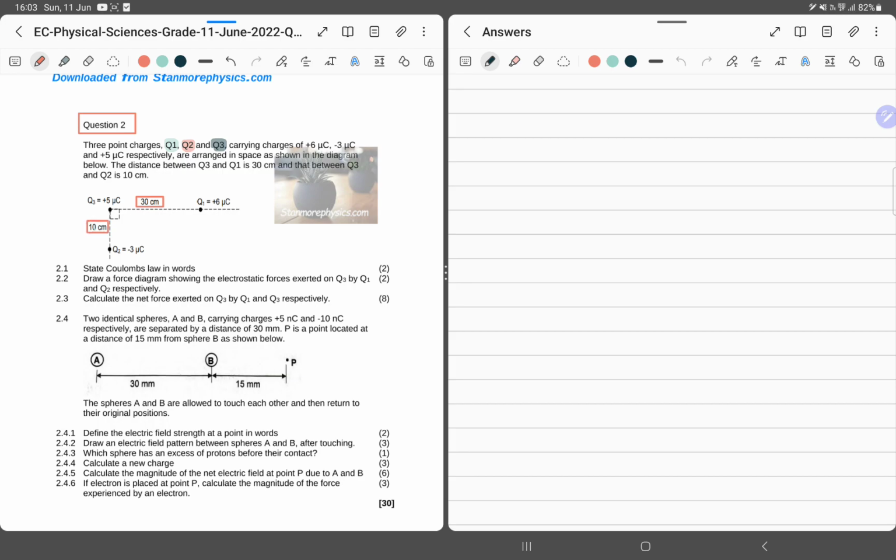So there's no trick here. And then of course we've got our Q1 here. Where's Q1? There you are. And we have our Q2 right there, and we have our Q3 right there. So always make it a point that you've clearly identified what you are given so that you don't struggle. Now it says state Coulomb's law in words.